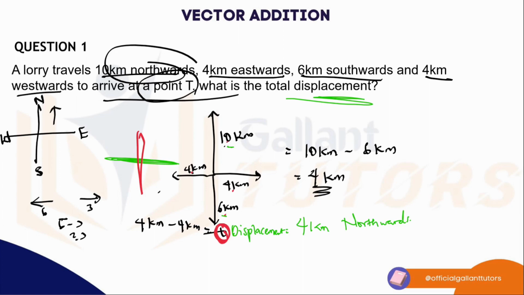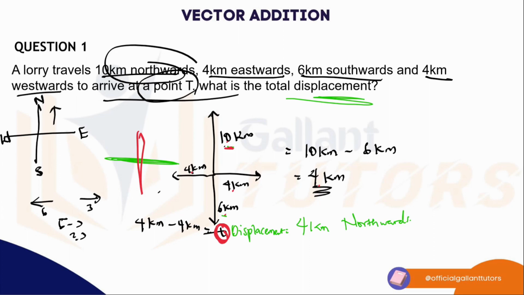For vertical, we have 10 minus 6, which will give us 4. Now, which has more magnitude? The one moving towards the north, towards northward, right? So which is 4 kilometer. Is that clear?